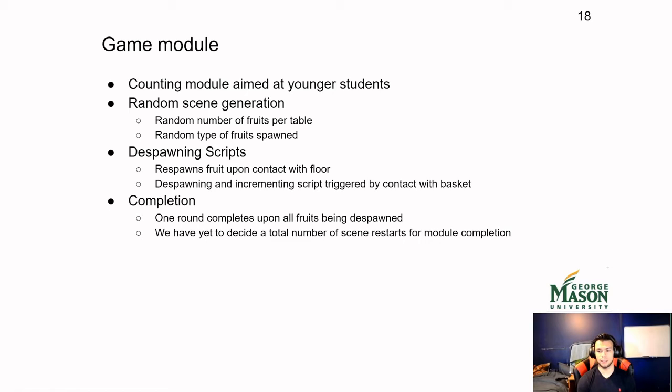So we implemented a way that if the fruits get out of the user's range and touch the floor, the fruits will respawn back to where they started. But upon putting the fruit in the basket where the incremental counter is, it'll despawn the fruit from the game. The module will continue until the fruits are all placed into the basket, and then it will continue to the next level.